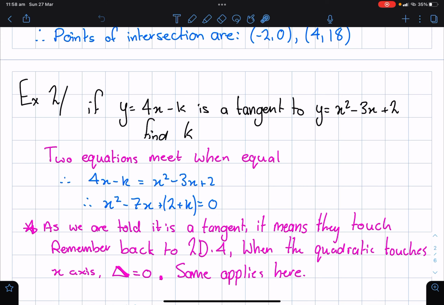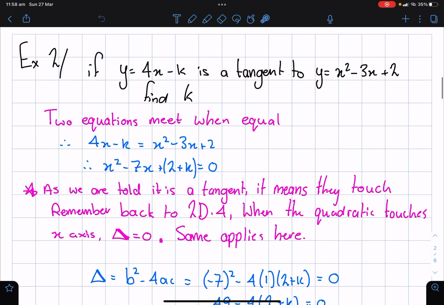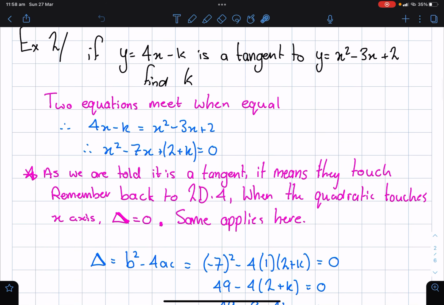Our linear equation is a tangent to our quadratic, so we're going to do that. Delta equals b squared take 4ac, the formula for our discriminant, substituting in our b coefficient, which is -7, our a coefficient, which is 1, and our c coefficient, which is 2 plus k.